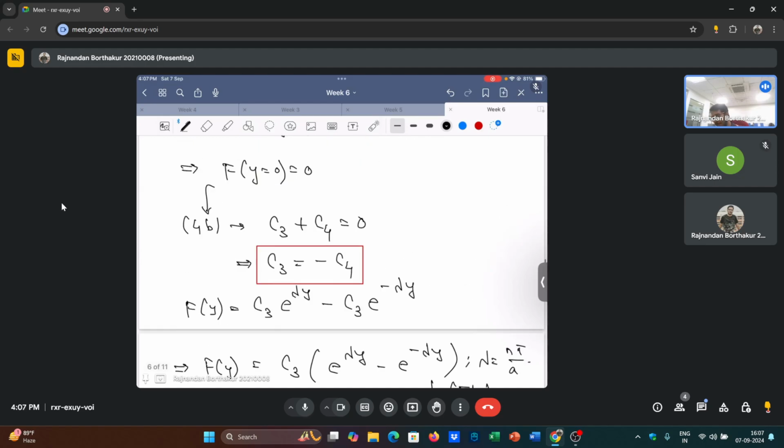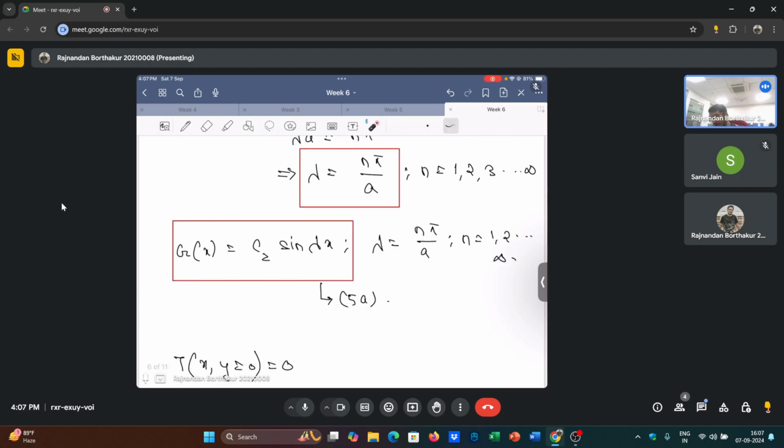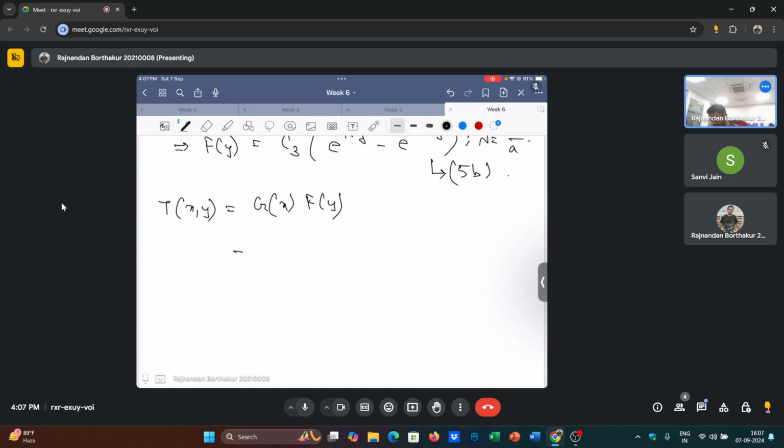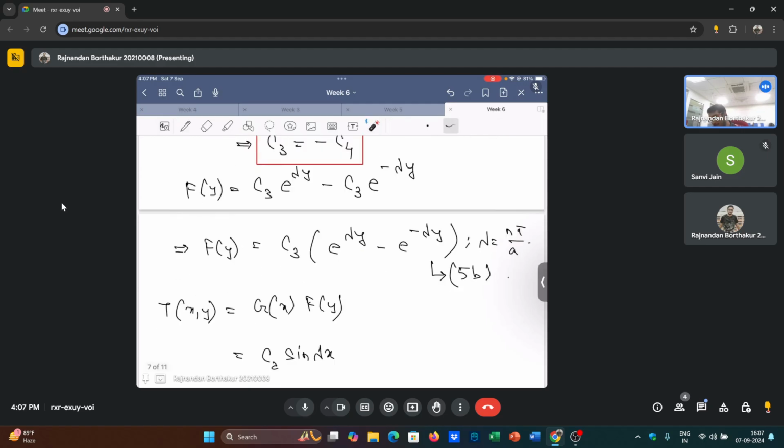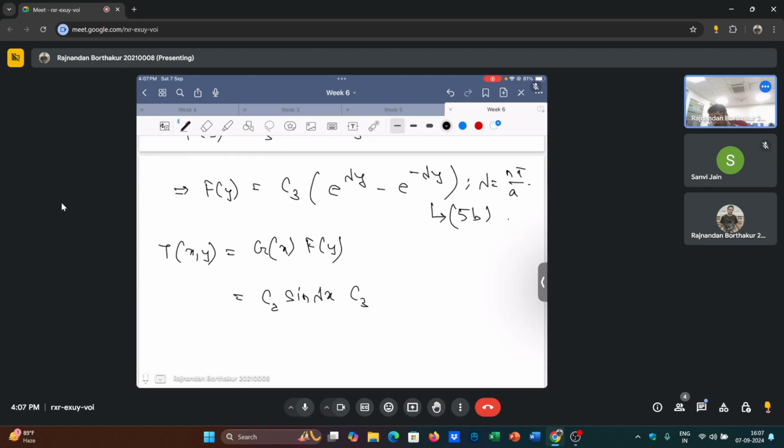We have systematically determined g of x as C2 times sine lambda x, and f of y is C3 times e power lambda y minus e power minus lambda y.